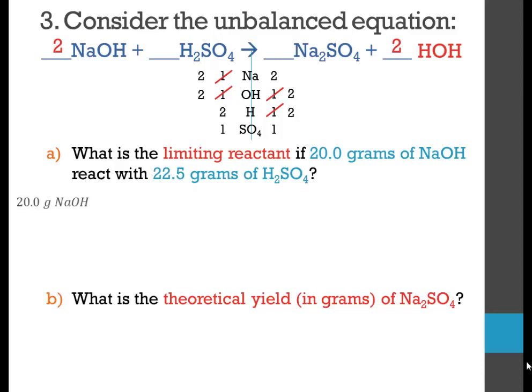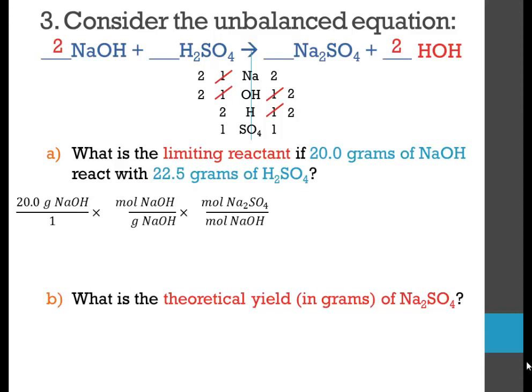So let's start with our 20 grams of sodium hydroxide. Since sodium hydroxide is in grams, we need to convert it into moles. So grams of NaOH can go on bottom to cancel, and moles of NaOH can go on top. Once we're in moles of NaOH, we can then do a mole ratio in order to convert moles of NaOH into moles of Na2SO4.